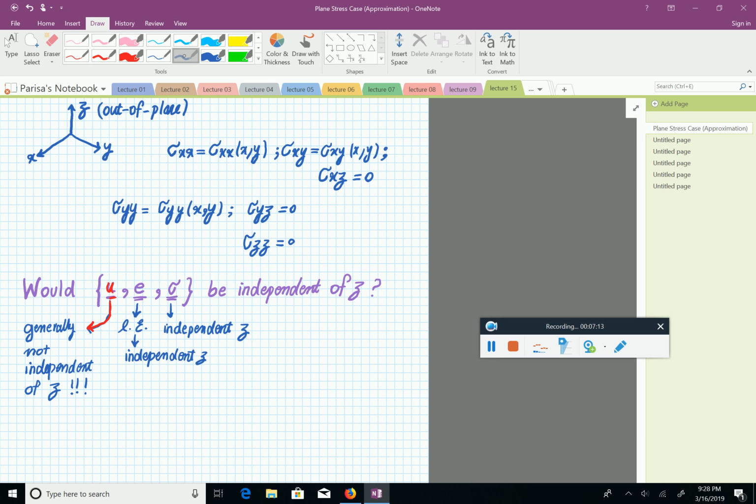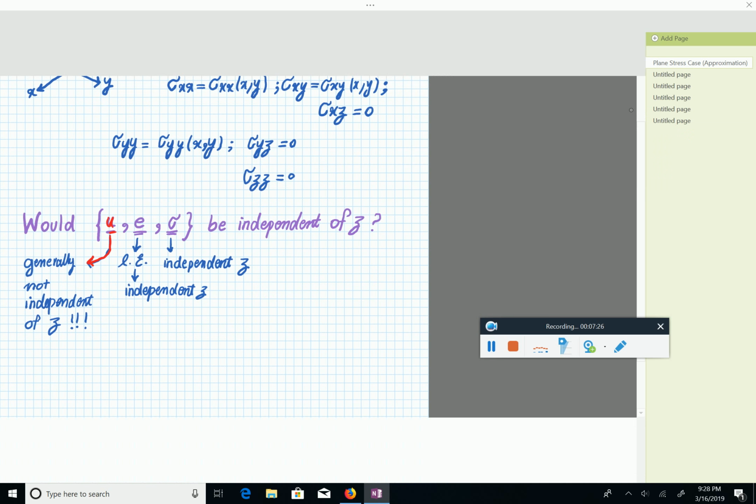So now we made these assumptions, we define plane stress. Let's, similar to plane strain, try to see what are the consequences of these assumptions.